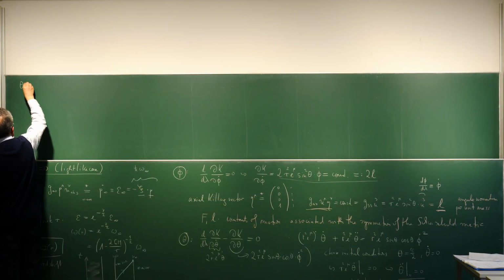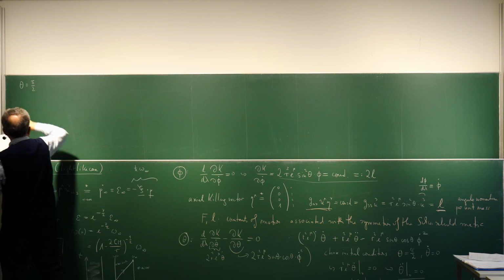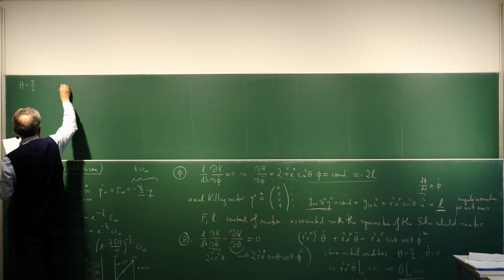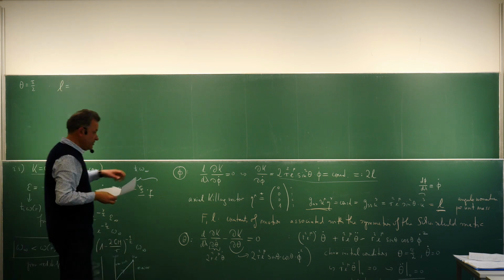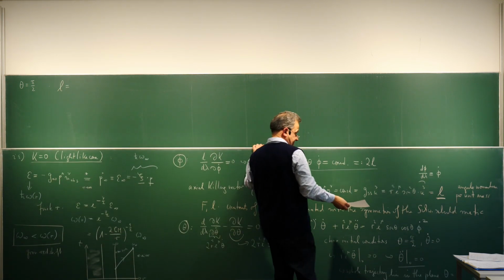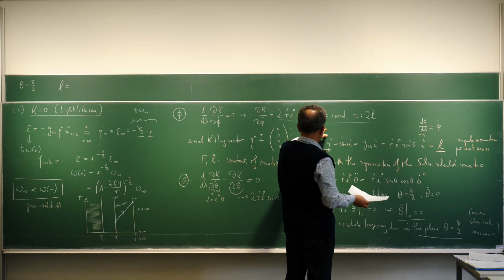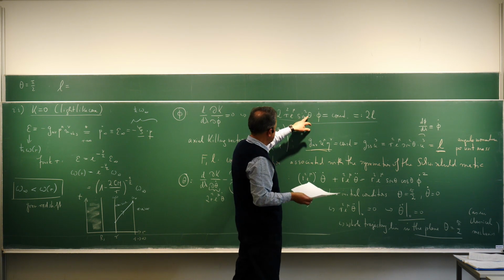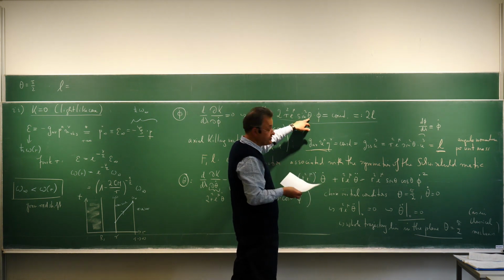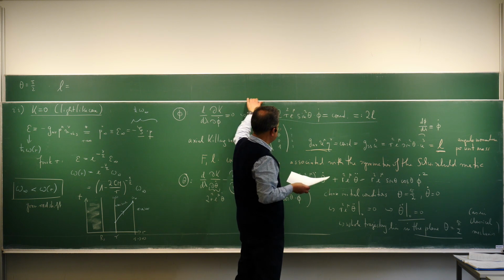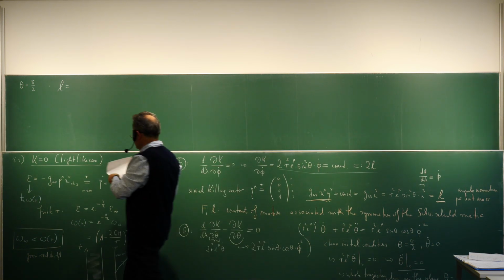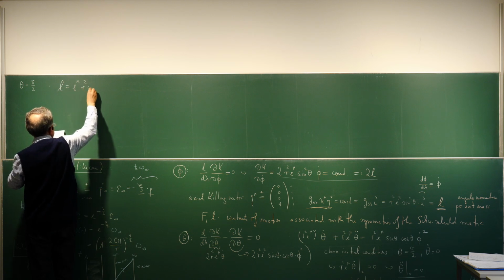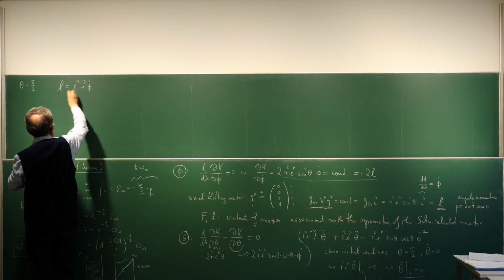Now we can always set theta equal to pi over 2, which means that for our L, if you recall, L has this value: L is r squared e to the mu sine squared theta phi dot. And of course, if theta is always pi over 2, the sine squared is equal to 1. So L is e to the mu r squared phi dot. That's the constant quantity.